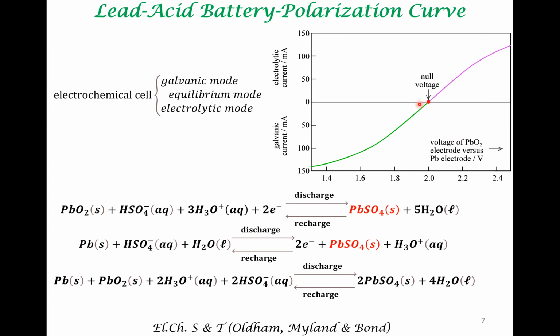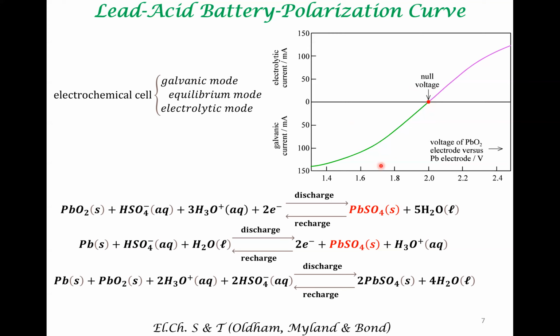When you are below 2.01, there is galvanic current. That is, the battery operates in such a way that the chemical energy is converted to electrical energy.